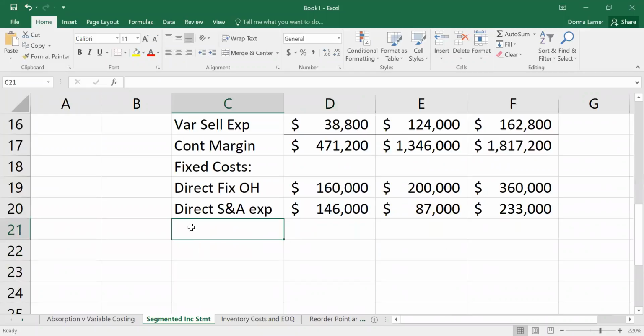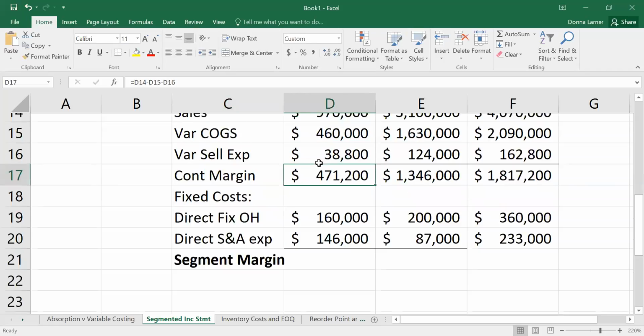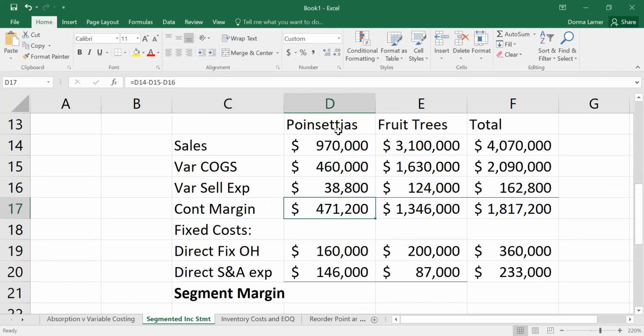So now we can come up with what the segment margin is. This is something we haven't seen before. Looking at each segment, how did they fare profit-wise? Well, after they took away the variable expenses, poinsettias contributed to covering the fixed costs $471,200.